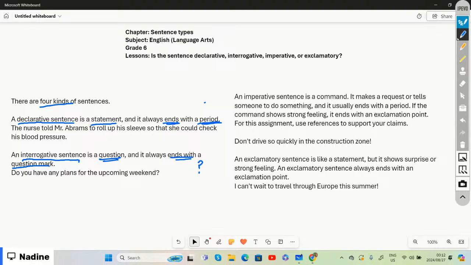So, questions that are being asked. If you ask your friend or any person a question, even questions like, how old are you? What's your name? That is an interrogative sentence. Another word for interrogative is a question, or questions that are being asked, and it ends with a question mark.